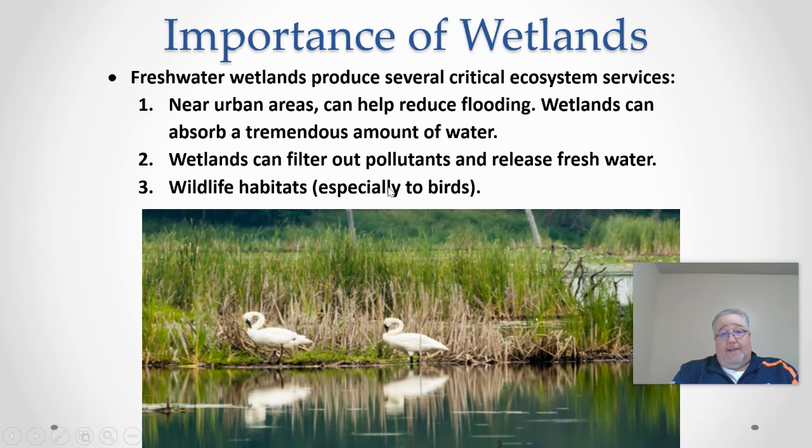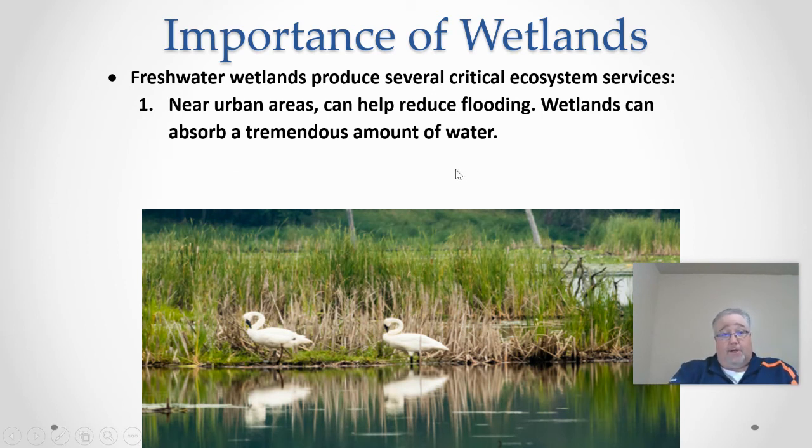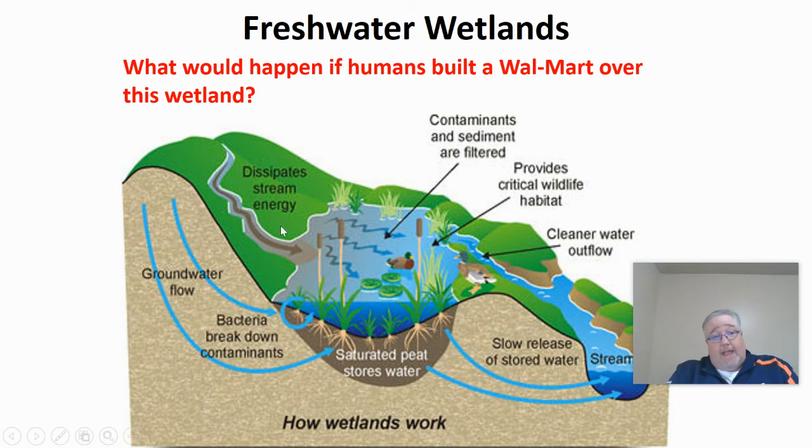Another thing wetlands do is they filter out pollutants. I'm going to go back to this picture. Let's say, for example, this stream is flowing into the wetland. Let's say that stream is carrying with it some toxins or some poisonous chemicals.